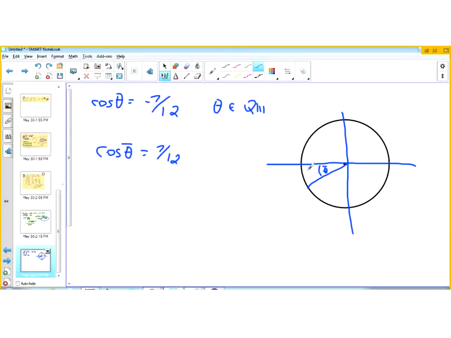The cosine of the reference angle is 7/12. So the cosine is the adjacent over the hypotenuse, which is 12. So this would be 12. So the circle has radius of 12.